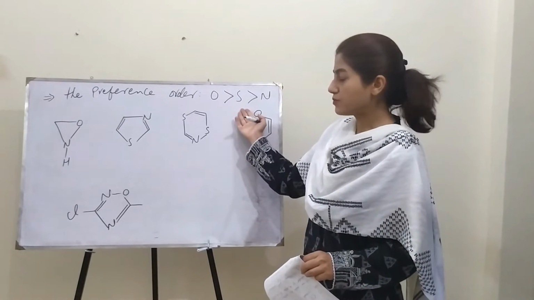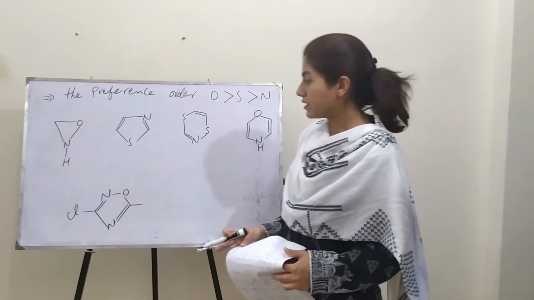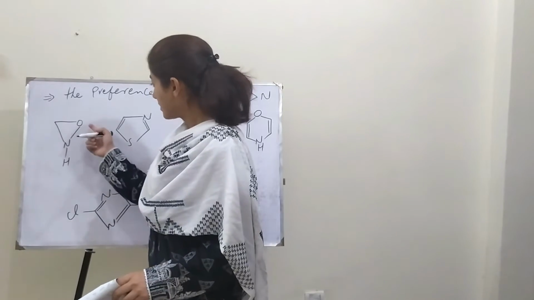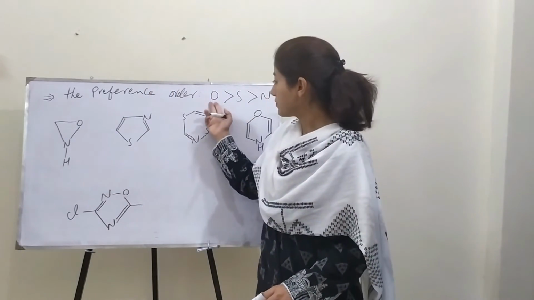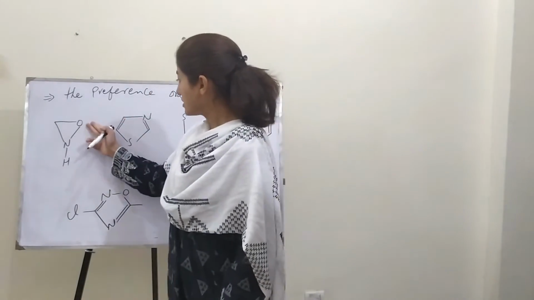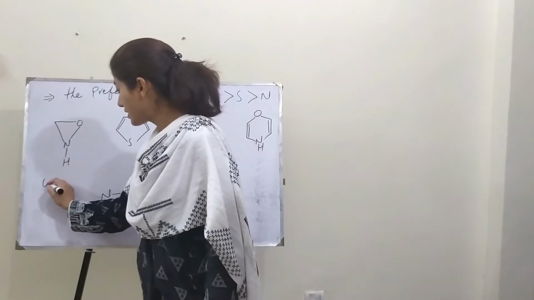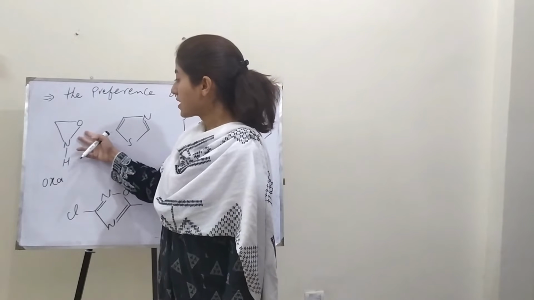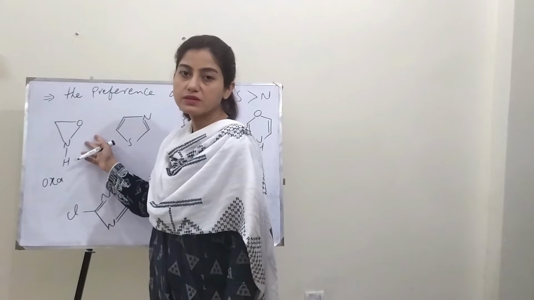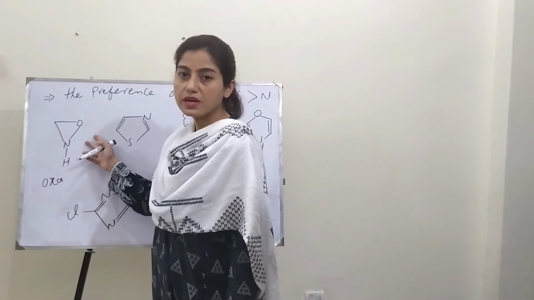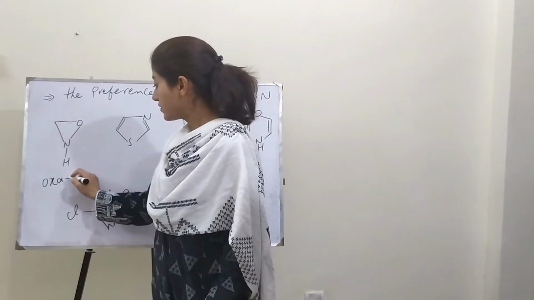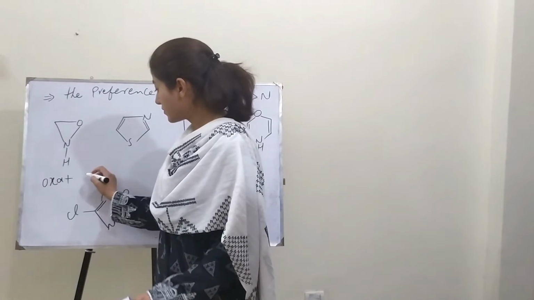So based on this preference order, we may write down the names of these compounds. Here we will give preference to oxygen, so this would become a prefix, that is oxa. And now see that this is the 3-membered saturated system containing nitrogen, and in that case its parent name is aziridine.